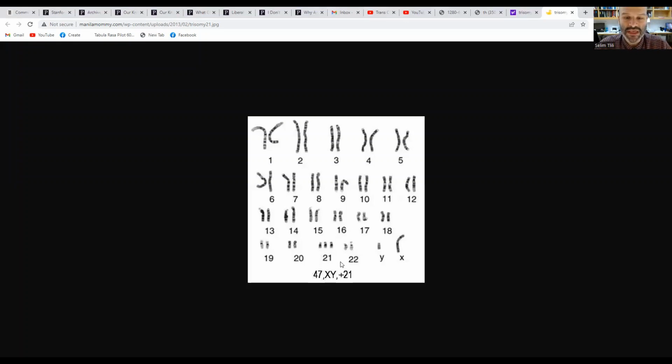There seems to be some relationship between the age of the mother in particular, although it can also be the age of the father, but the age of the mother seems to have an impact on the probability of developing Down syndrome. So essentially what the understanding seems to be is that a woman in her mid to late 30s is more likely to have a child with Down syndrome than a woman who is having her children in her 20s.